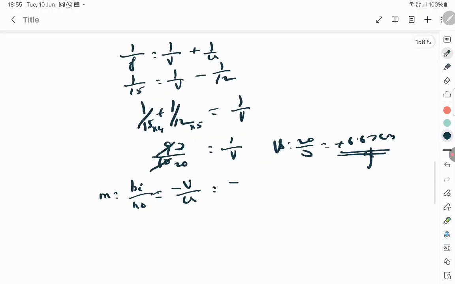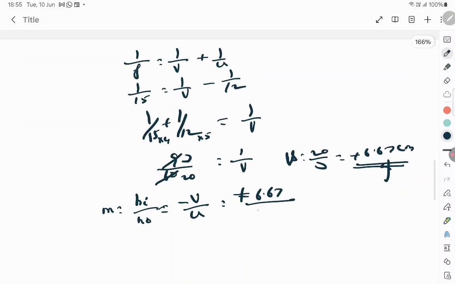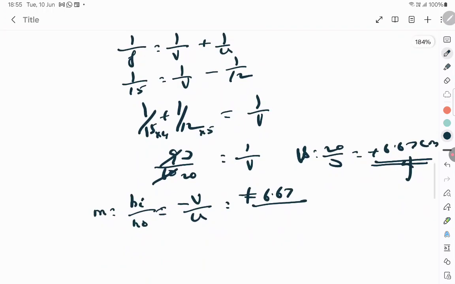So it's minus v by u, where v itself is plus 6.67, so it will be still negative only, and u will also be minus 12. Is it an inverted image? No, erect image, correct? Okay.